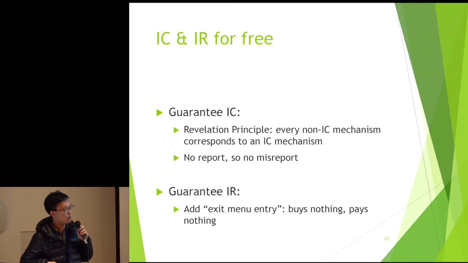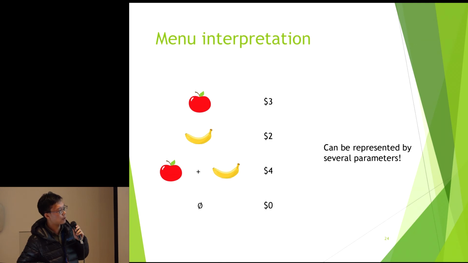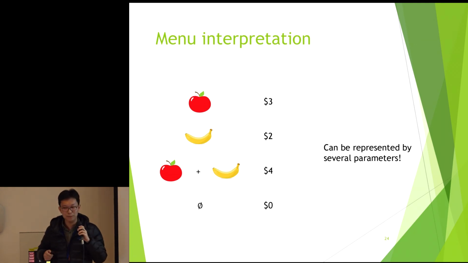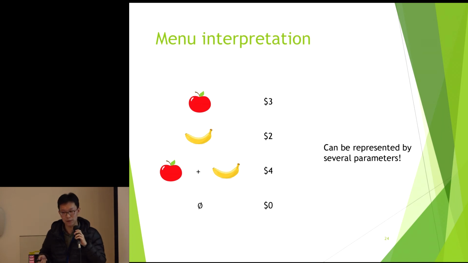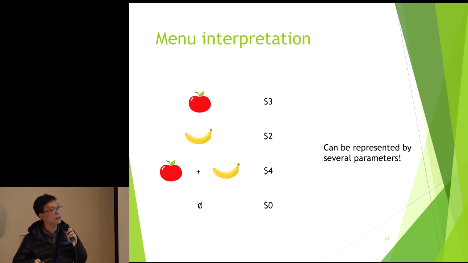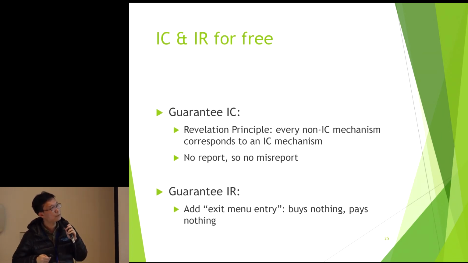And to guarantee IR, we just add an exit menu entry, which is the same as the last menu entry here. So the buyer can always choose this menu entry in order to guarantee that his utility is at least 0. So we have both IR and IC.